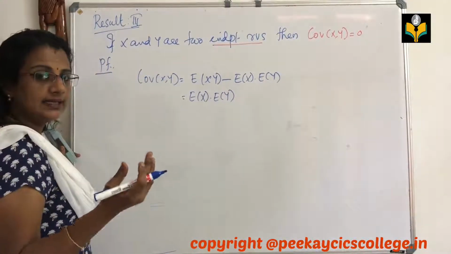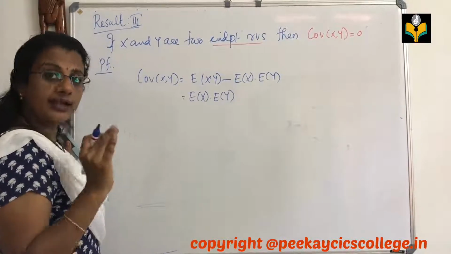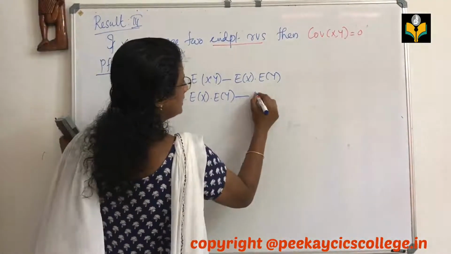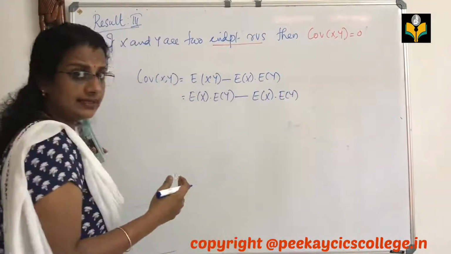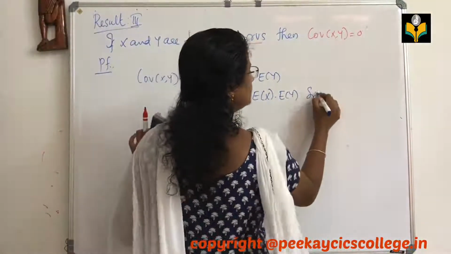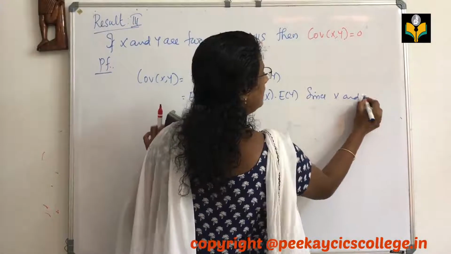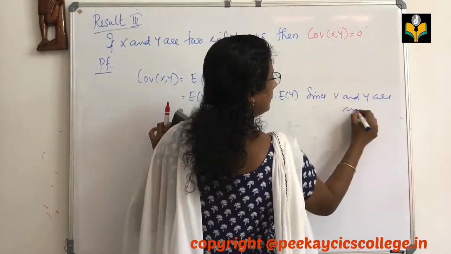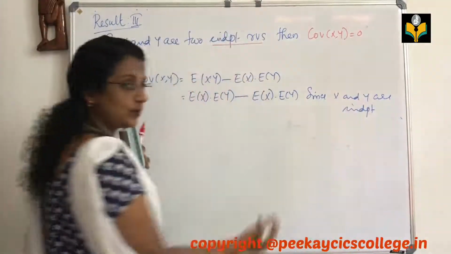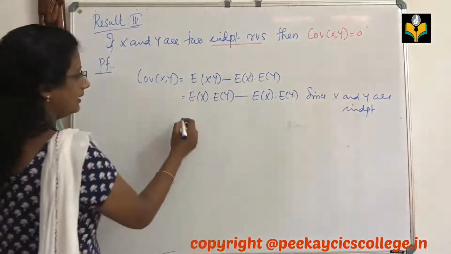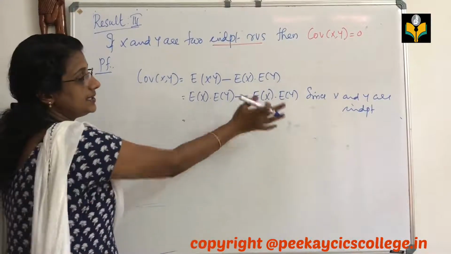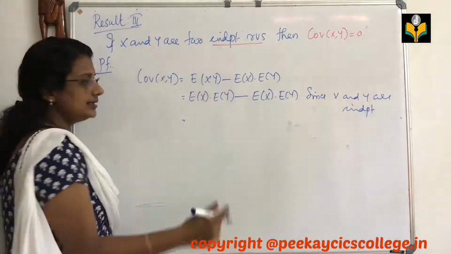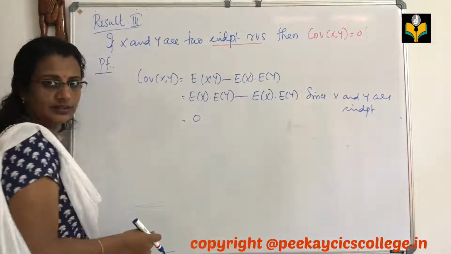What's the reason? Because x and y are independent random variables. Minus E of x into E of y. We have to write the reason here: since x and y are independent. Clear? Okay. Then what is expectation of x into expectation of y minus expectation of x into expectation of y? Simple. That is the same, so it is 0. Clear?